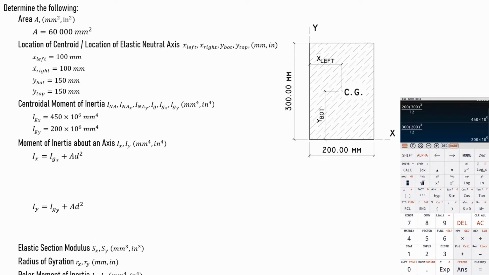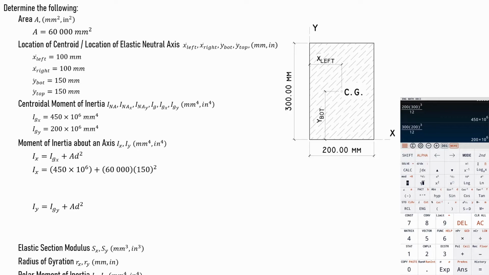So yung IGX at IGY na-compute na natin kanina. Substitute na lang natin, IGX, so 450 times 10 raised to 6. Tapos yung area, 60,000. Tapos yung D. Dahil sa horizontal axis tayo, yung distance ng neutral axis papunta sa x-axis is yung y bar bot, which is 150.